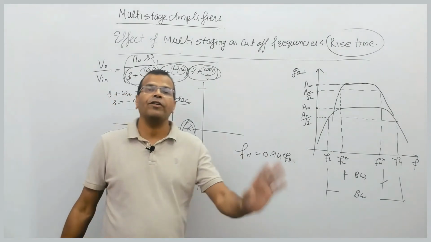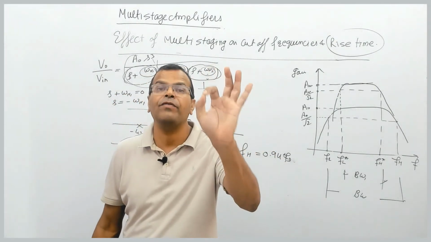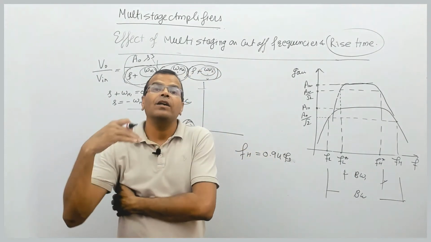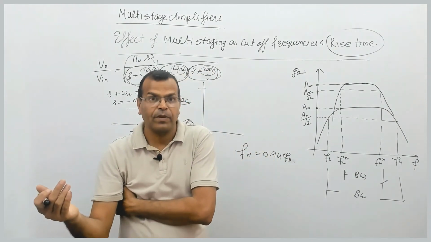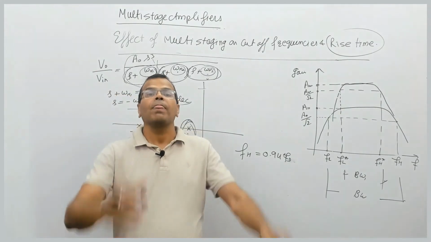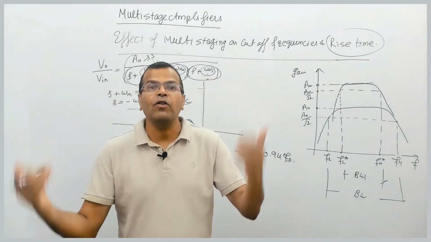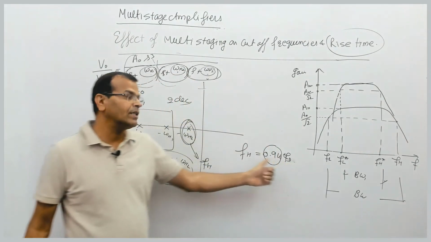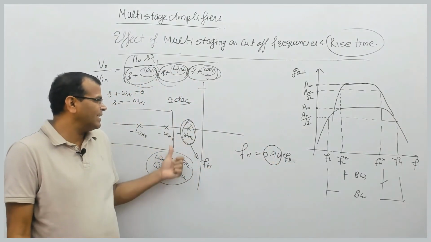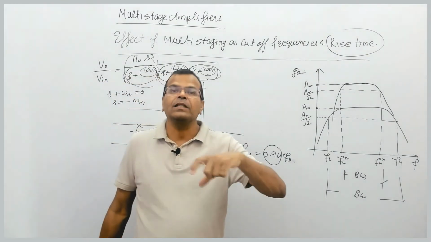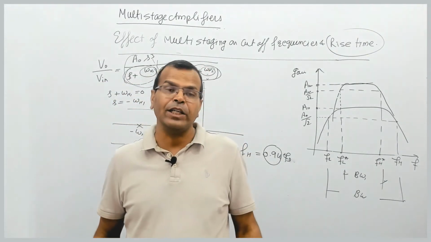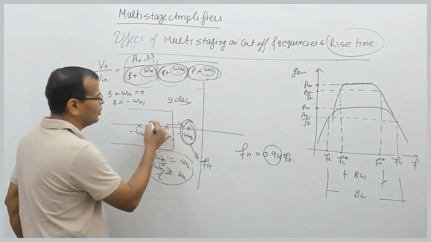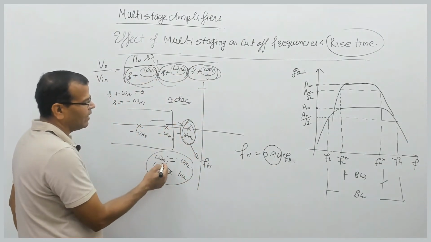So the upper cutoff frequency is equal to the dominant frequency if all the poles are more than 2 decades away, and your upper cutoff frequency is 0.94 times the dominant frequency if the other pole is exactly 2 decades away.